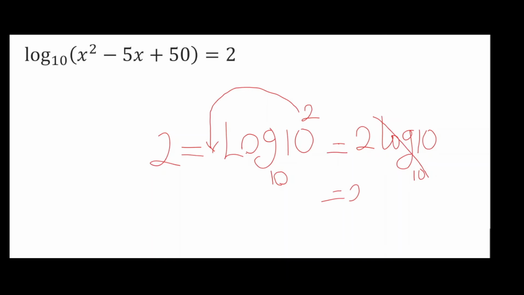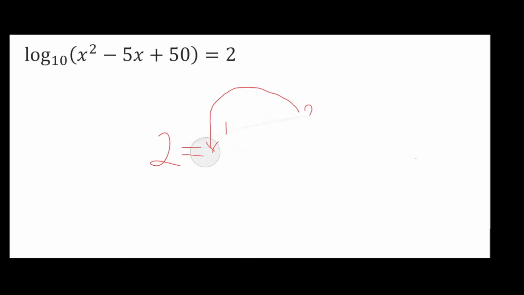So we have 2 multiplied by 1, which still results to 2. You can see nothing is being changed. Still the same thing as 2. So instead of me writing 2 here, I'm going to turn it into a logarithmic form. And let's quickly get that done.